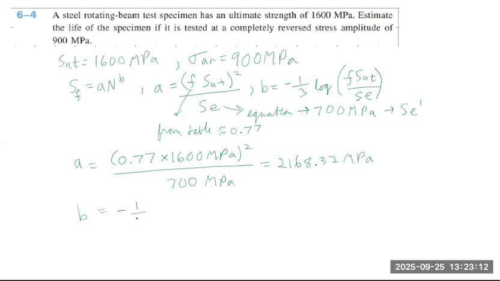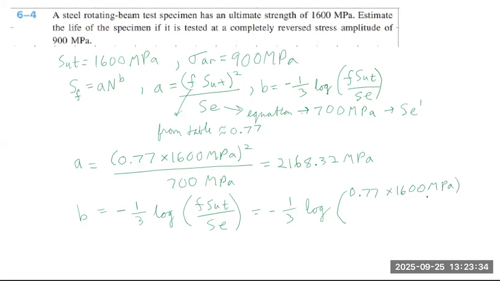And B will be equal to negative 1/3 log of F SUT over SE. So plugging in known values, we have negative 1/3 log of 0.77 times 1600 megapascals over SE, which is 700 megapascals.